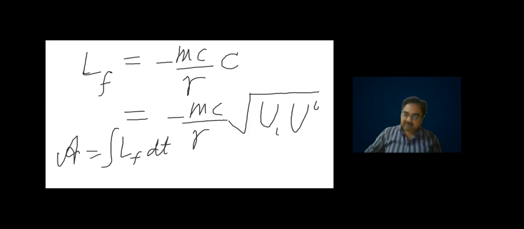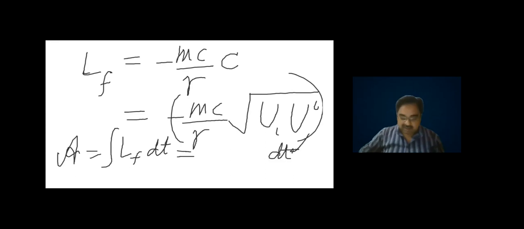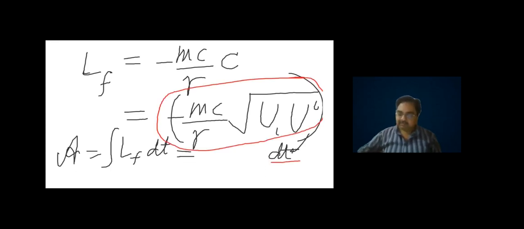Can you complete this work now? Write the action using all this. So in place of L_f you write this whole thing, and then you write dt.